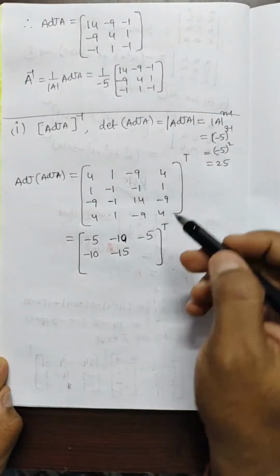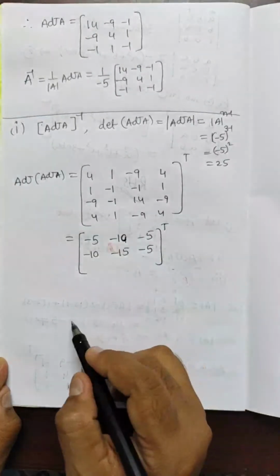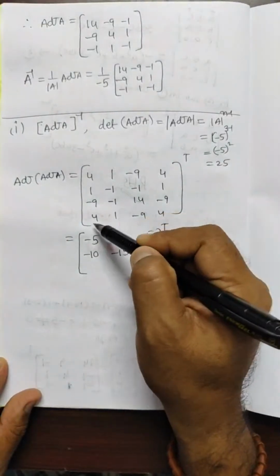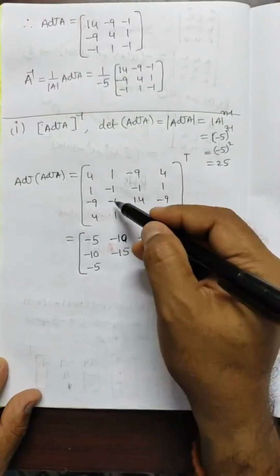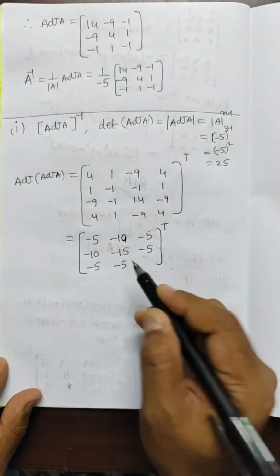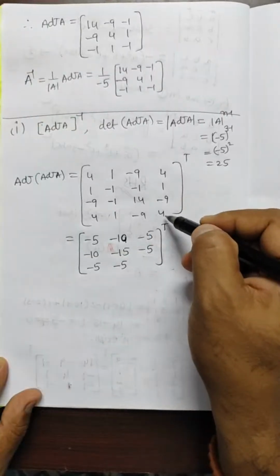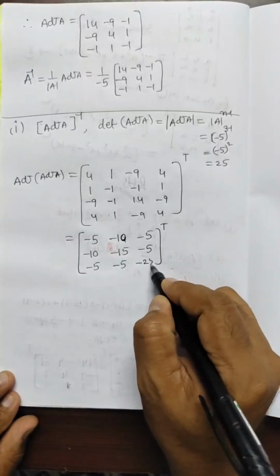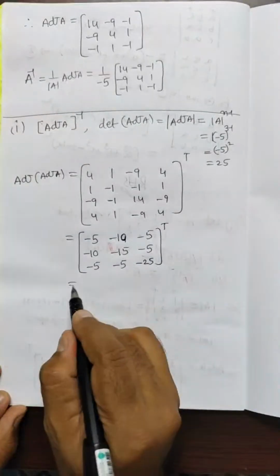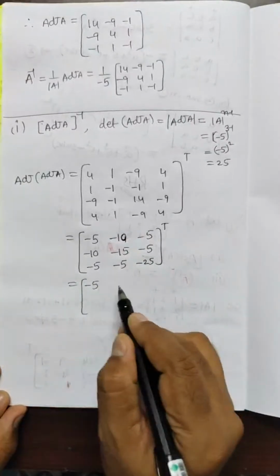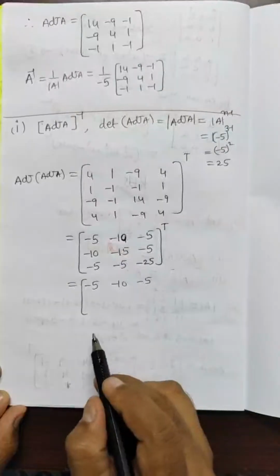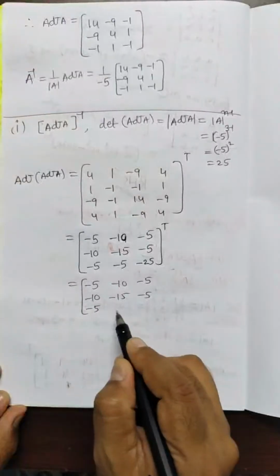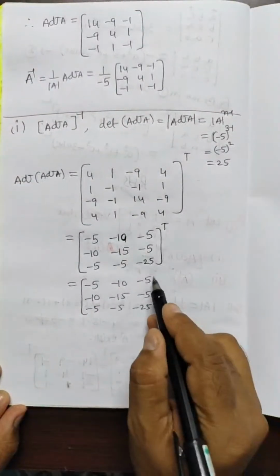Next, 9 minus 14 minus 5. Minus 9 plus 4 minus 5. 9 minus 14 minus 5. 56 minus 81, 25. So after that transpose we need to calculate: minus 5 minus 10 minus 5, minus 10 minus 15 minus 5, minus 5 minus 5 minus 25.